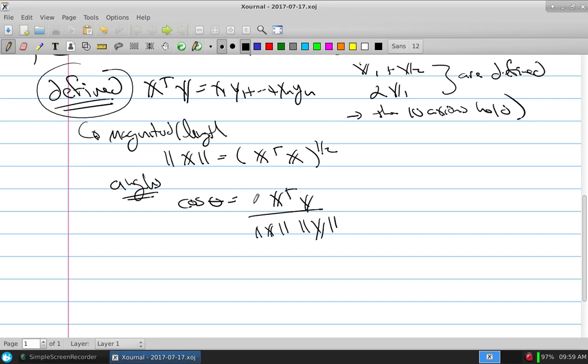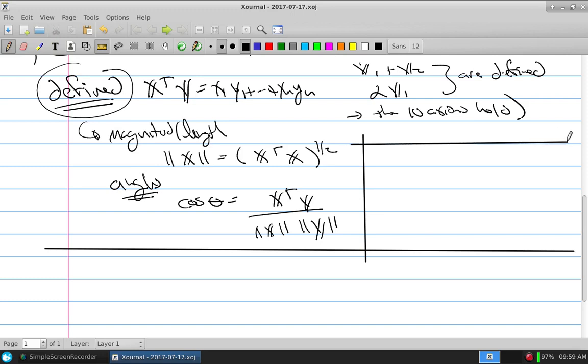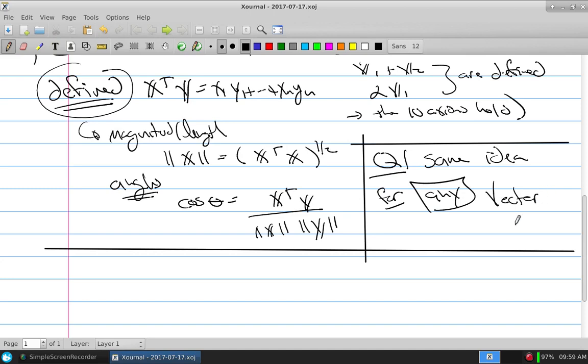So what I'd like to do is go back and say, okay, we have these two things for Rn. The question could be, after all of this, can we do the same idea for any vector space?